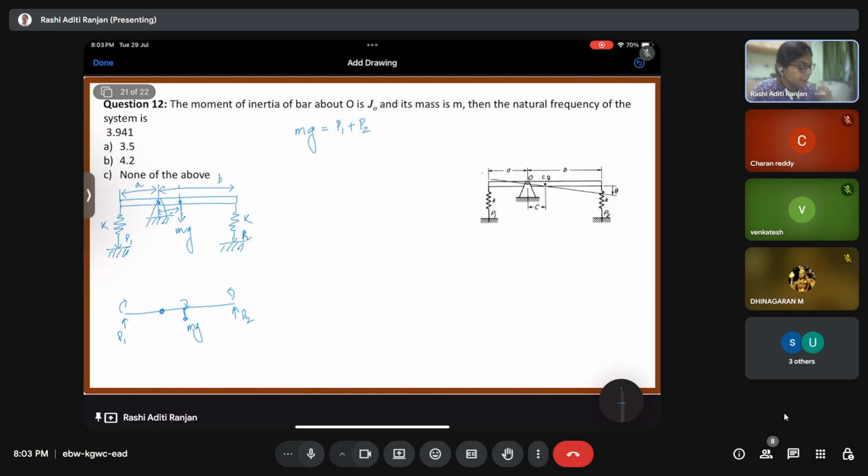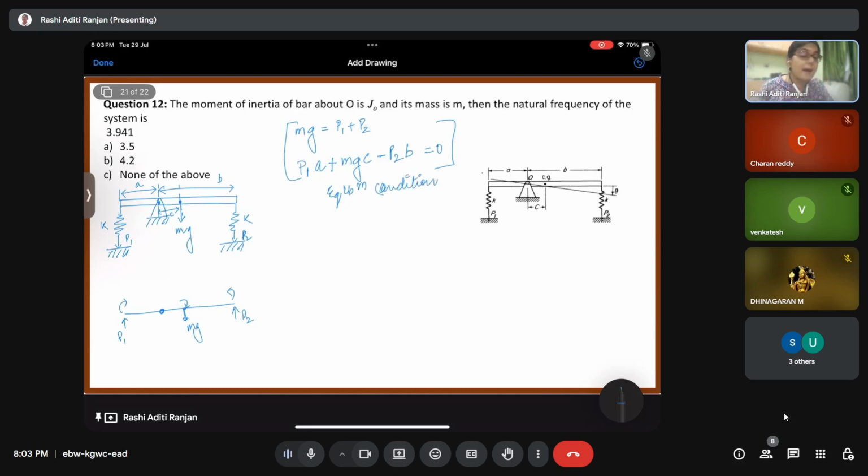If I consider clockwise as positive, we have P1 A minus mg c, no, it will be plus, right? Because it is again in the clockwise direction, and minus P2 into B. This is equal to 0. This is by the equilibrium condition.